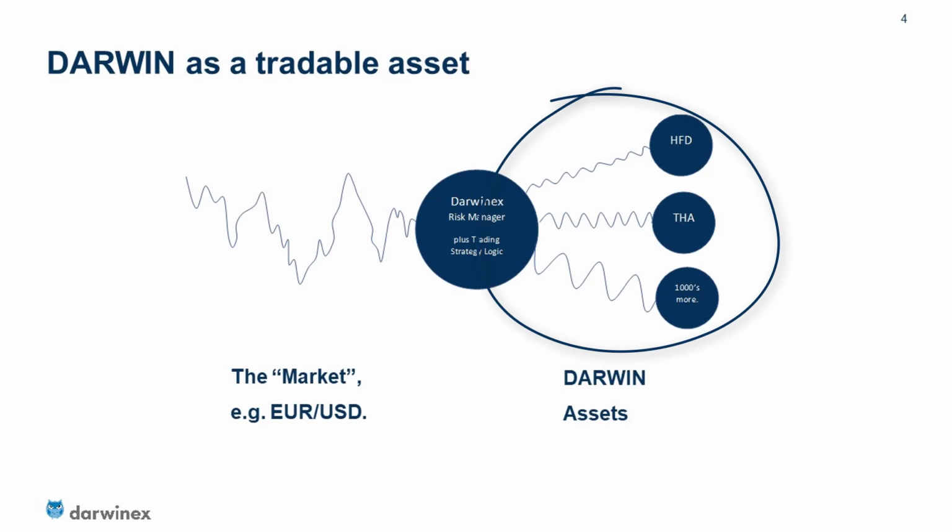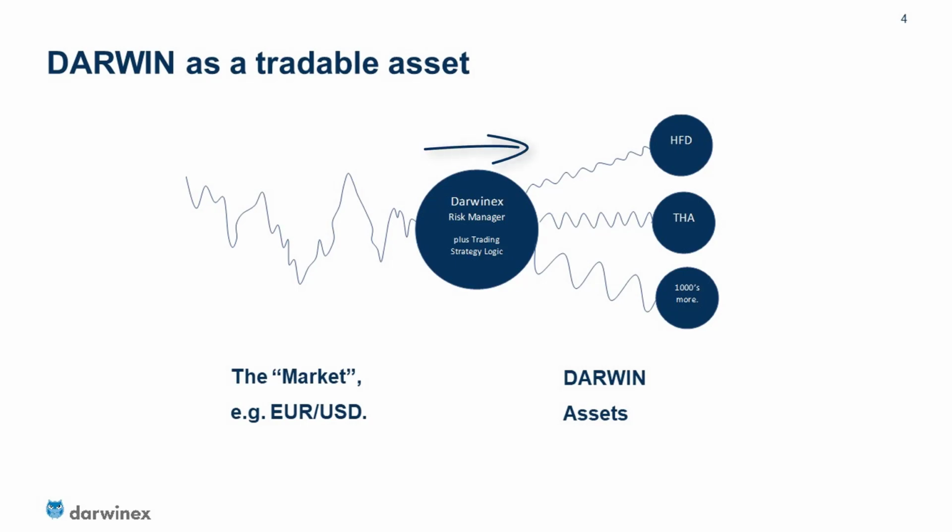In terms of what you're looking at on the image, you have on the left-hand side the raw asset that you would otherwise find very challenging to trade. But if you're considering a transformed asset, whereby the risk manager plus your trading strategy logic, aka the Darwin provider's logic, has resulted in a sometimes significant reduction in that noise, you then have a more statistically sound playground to exploit.